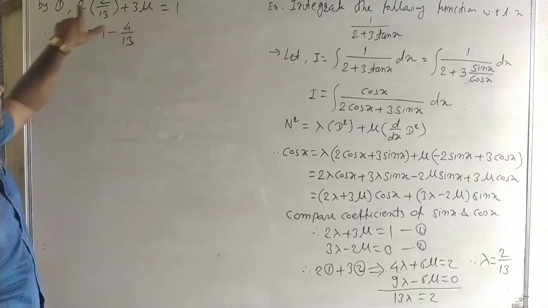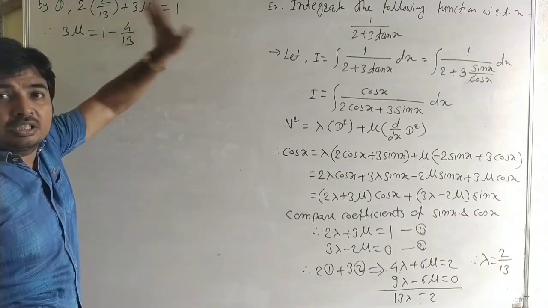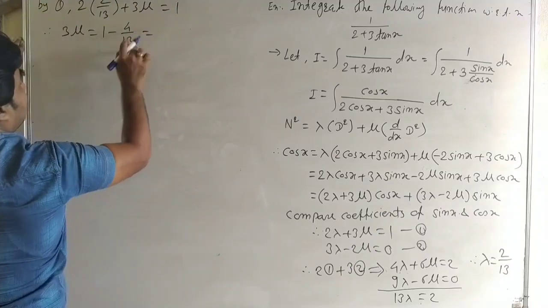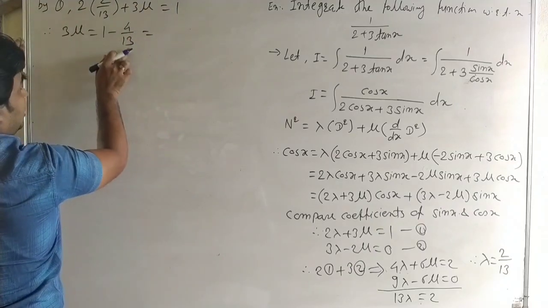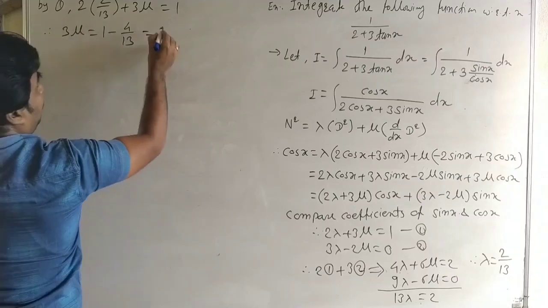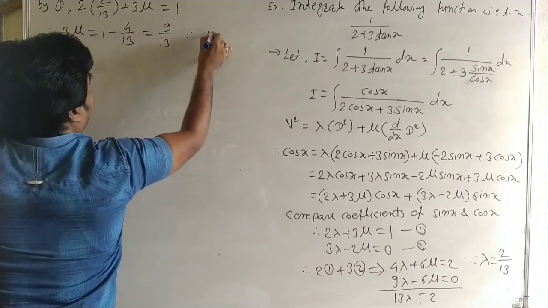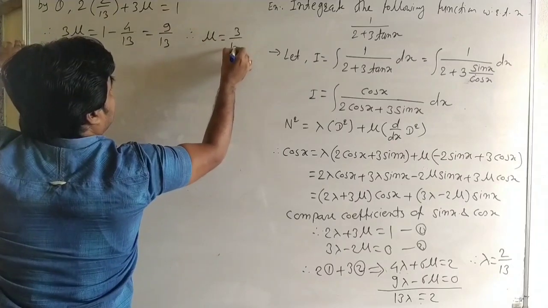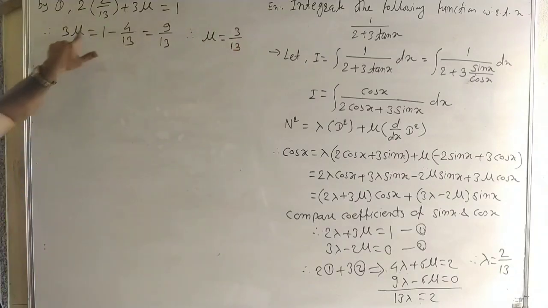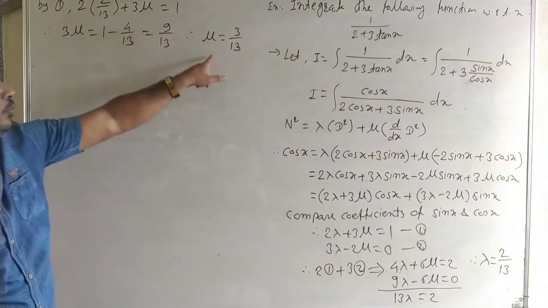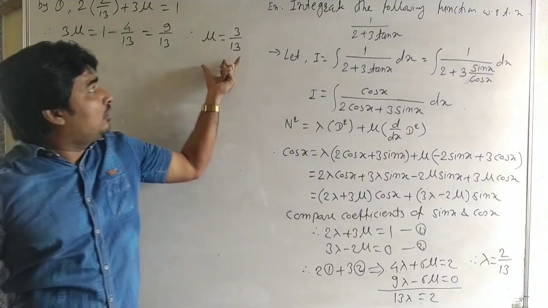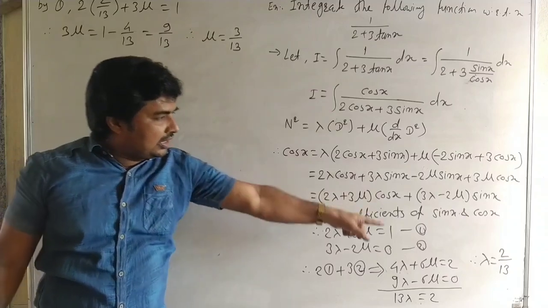Taking the LCM, 13 minus 4 is 9 by 13. So 3 mu is equal to 9 by 13, therefore mu is equal to 3 by 13. We get the value of mu and of lambda.